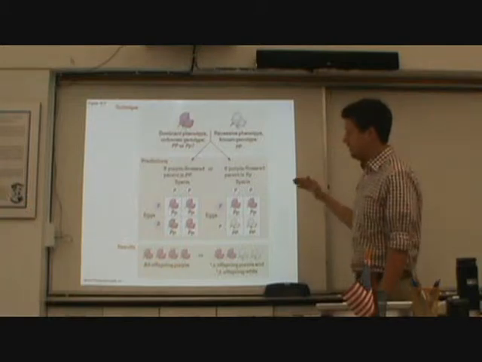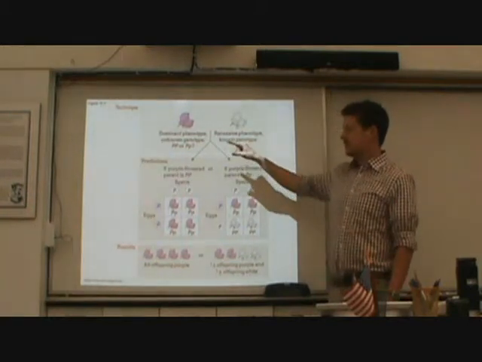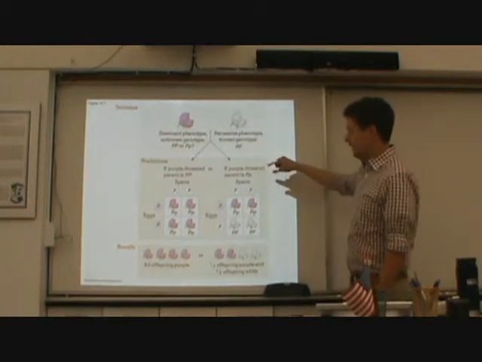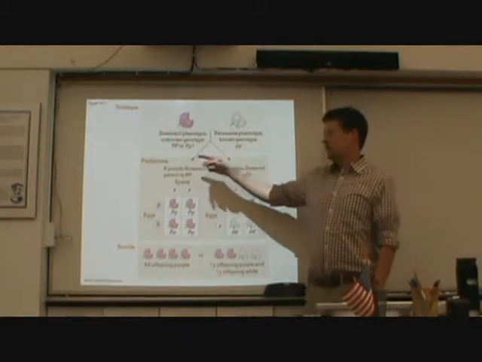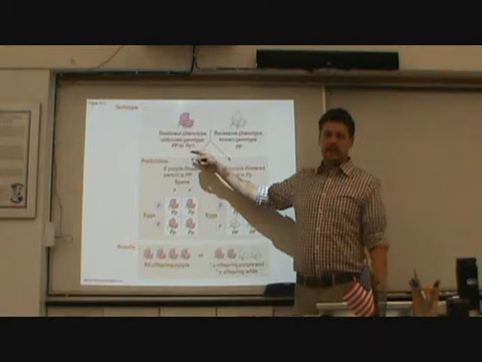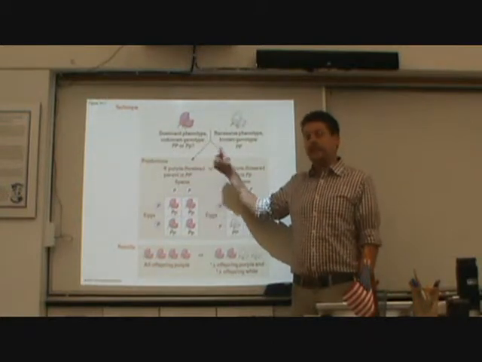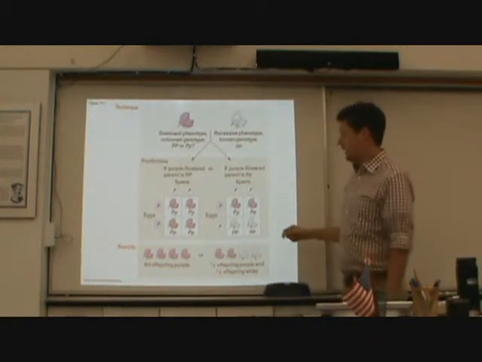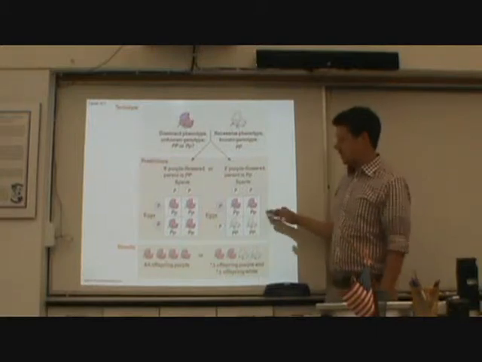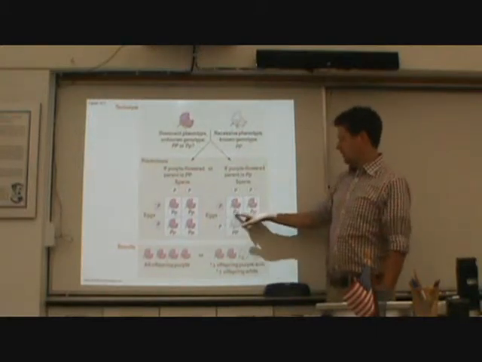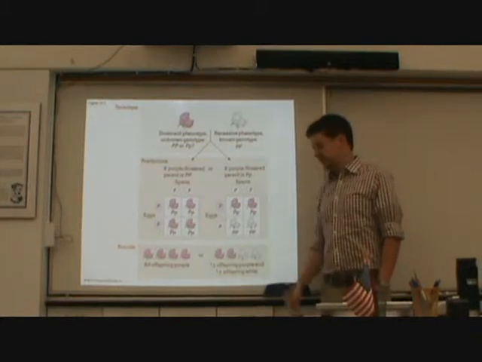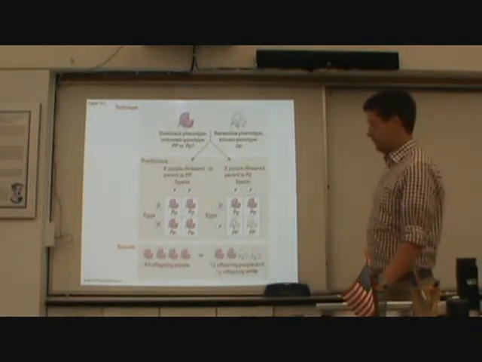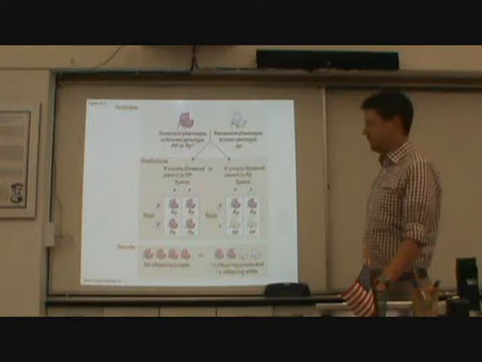If, on the other hand, you had a heterozygous organism, then half of its gametes would have the dominant allele, half of them would have the recessive allele, and you would end up expecting to see about 50-50 with two heterozygous individuals and two homozygous recessive individuals. Alright, hopefully that makes sense.